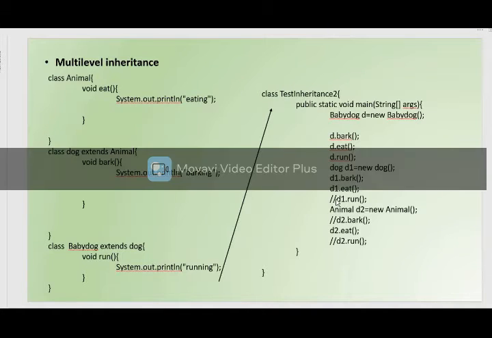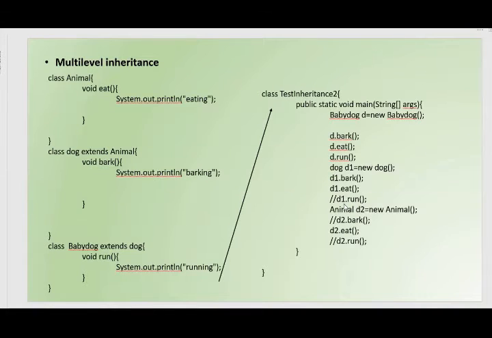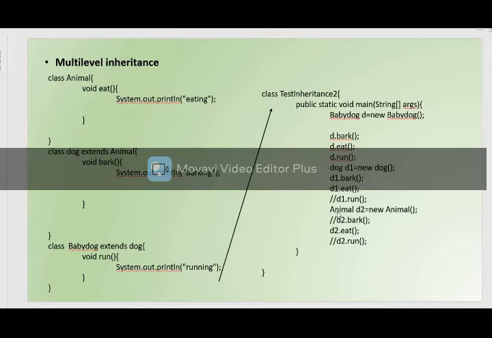And third, you can see there is a comment d1.run. Is it correct or not? It is not correct, because the d1 object cannot access the BabyDog class. That is the special thing. Now you can see there is another object creation.